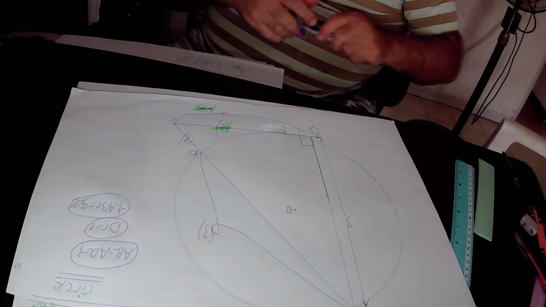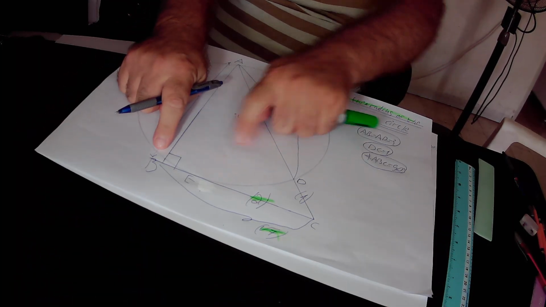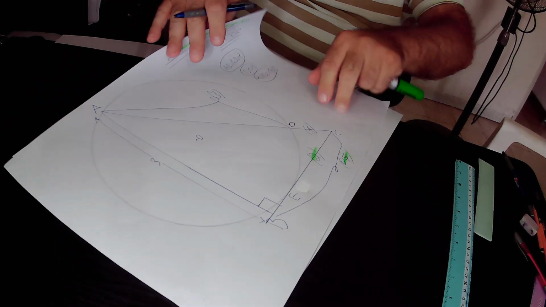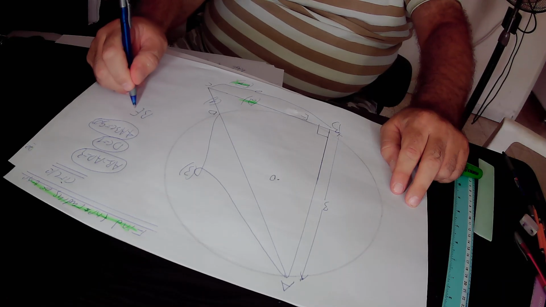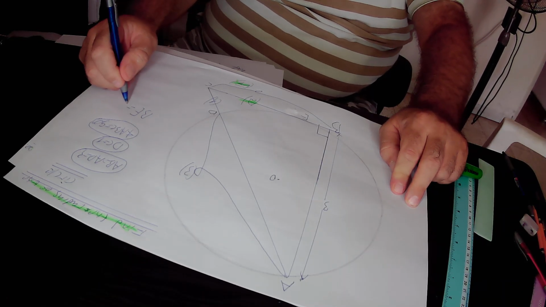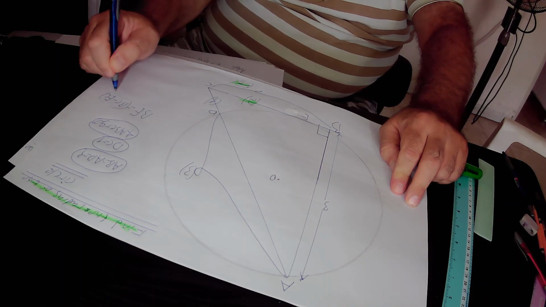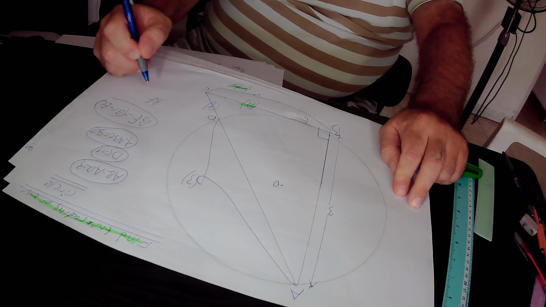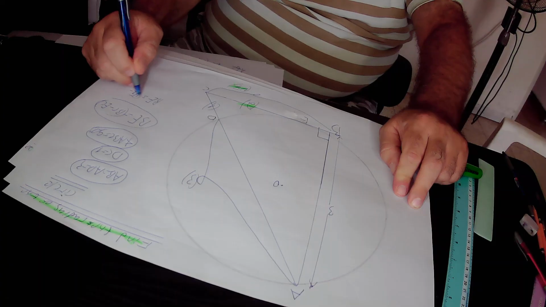What is the length of this missing line segment BE? BE equals BC minus EC. So BE equals BC, the square root of 7, minus EC.